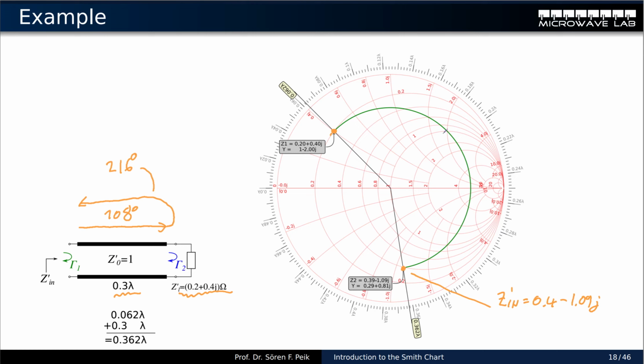Since we do this fairly often to insert lines, there's a special ruler on the edge of the Smith chart. The ruler is usually called wavelengths towards generator, or let's just call it lambdas.